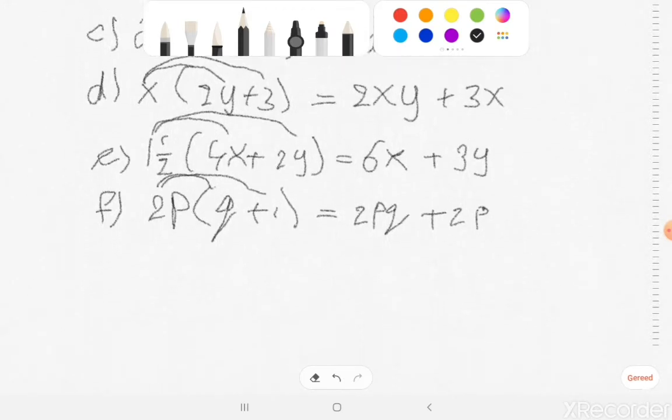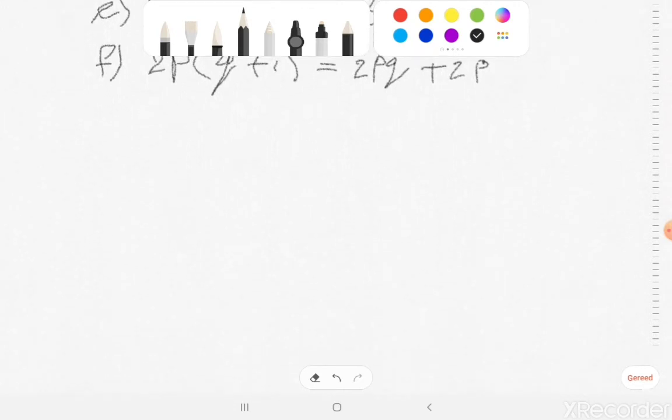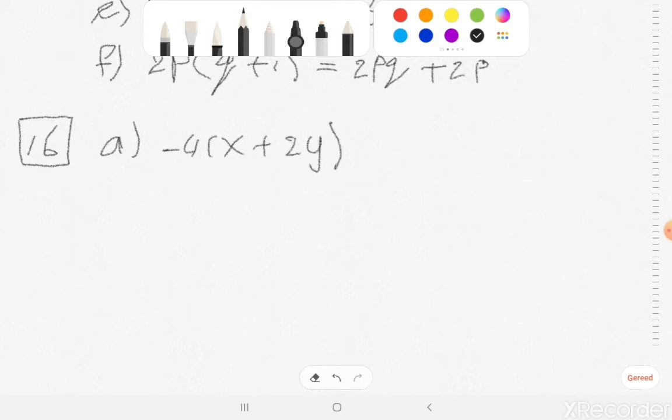If you just have a look at exercise 16, for example, exercise 16, you need to multiply out the brackets with negative numbers. So, for example, minus 4 inside the brackets x plus 2y. We do exactly the same.